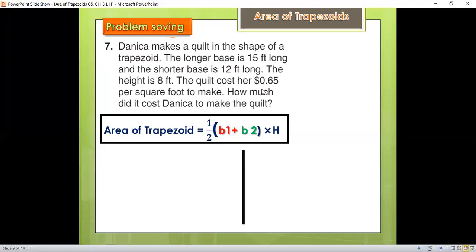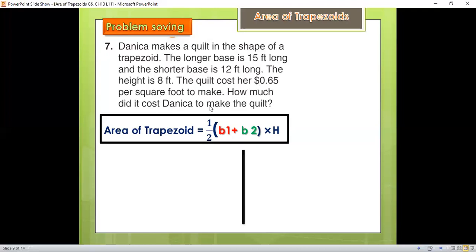Now, what do we have here? We have 15 feet, the longest base, and 12 feet, the shortest base, and we have a height, and we have the quilt cost $0.65 per square foot. So each square foot equals $0.65.